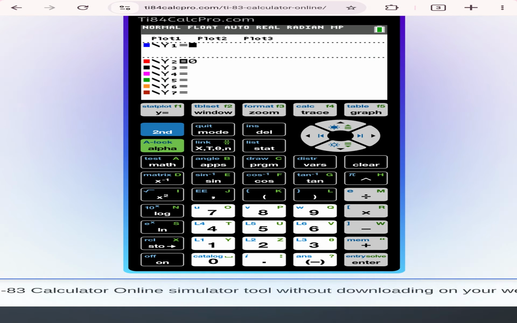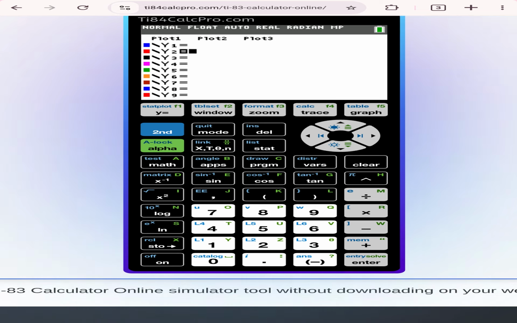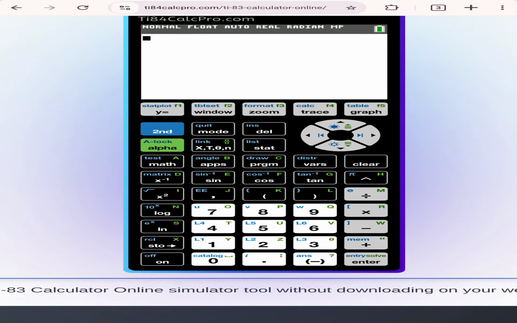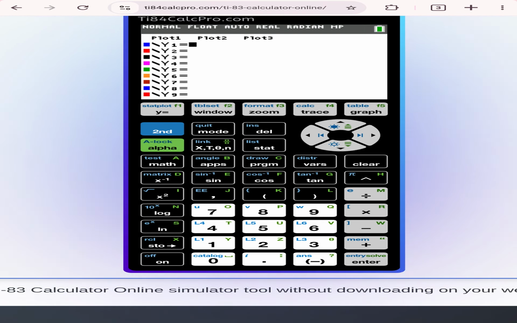So you want to start by going to your Y=. Okay, so this is exactly what you would see when you open up your calculator. You want to start by hitting the Y= button. The Y= is that top left-hand button, and then you're going to plug in your equation.